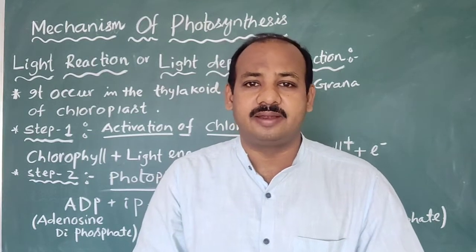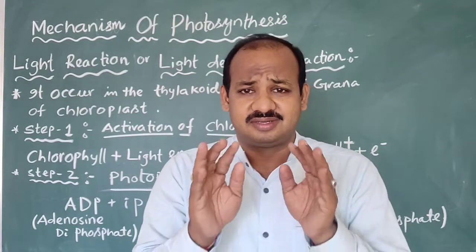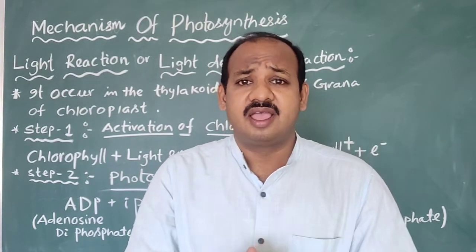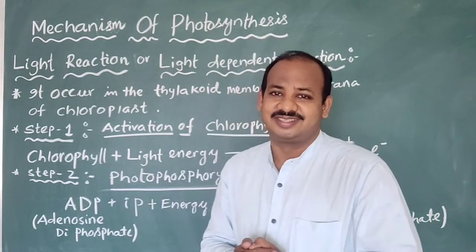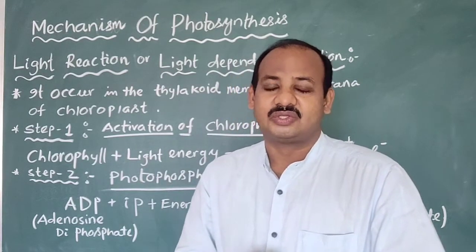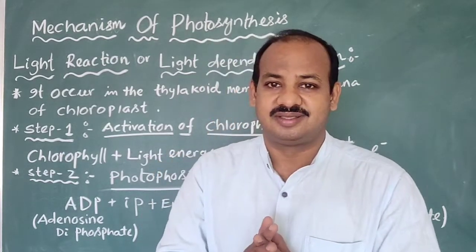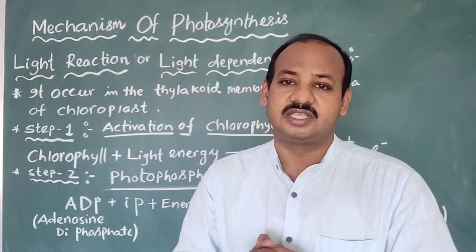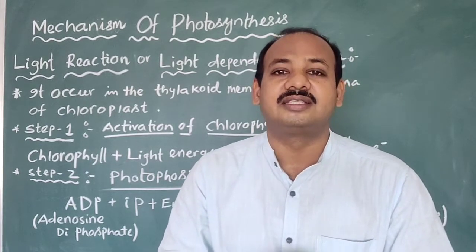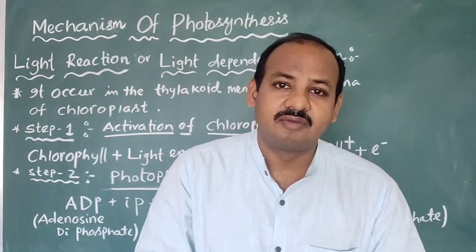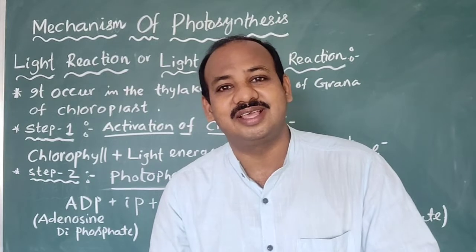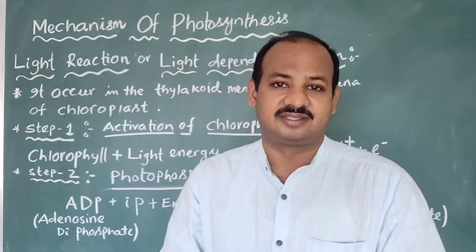So from these, children, you might now have an idea about the mechanism of photosynthesis. Okay, children? So there are two processes in the mechanism of photosynthesis. The first part is called light reactions, followed by the second part that is called dark reactions.